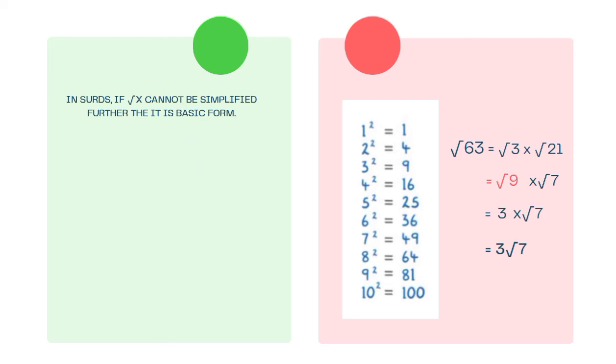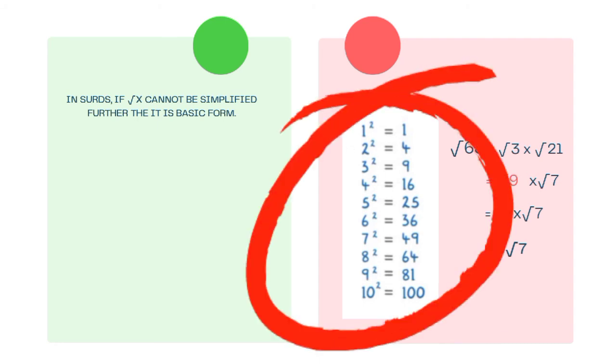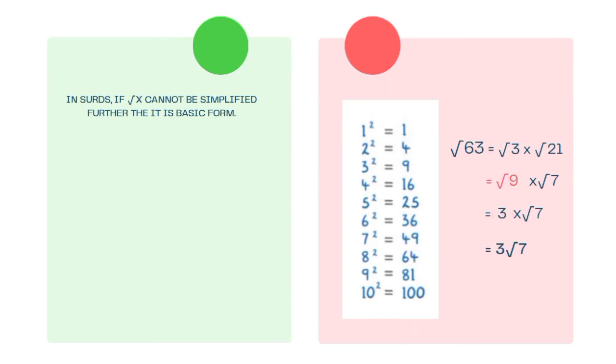And now, how to simplify surds? First, you must know what the number in the surd is that you evaluate. With the square numbers from 1 to 10, you should be ready to answer the question. Example, the square root of 63 equals two options. Now, we see two multiplication operations that have the same answer.